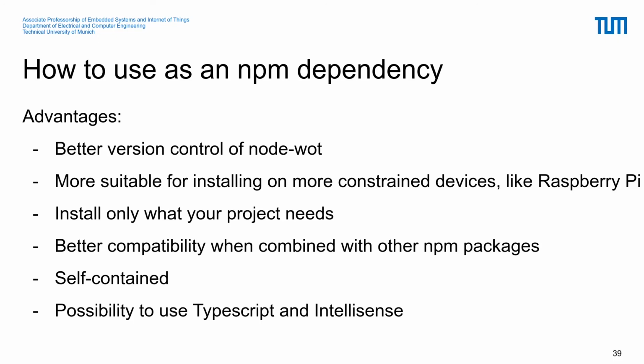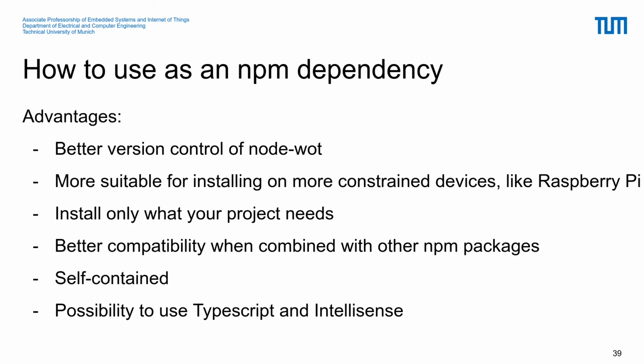It takes way less time to install on more constrained devices like Raspberry Pis. It allows you to install only what you need. So if you don't need MQTT, you don't need to install the MQTT binding, whereas with GitHub, all the bindings come together.